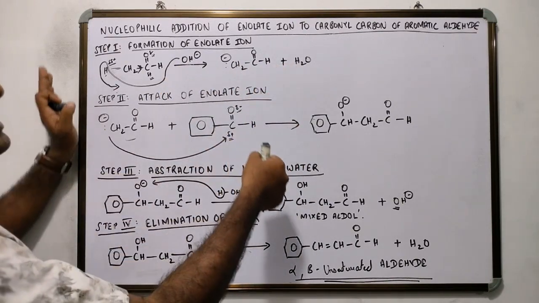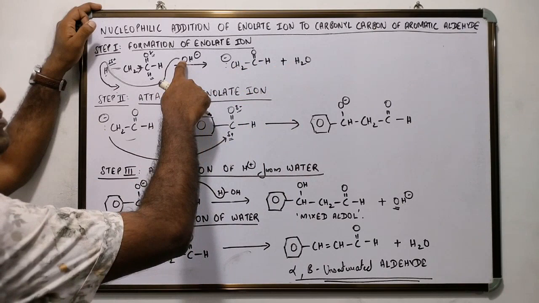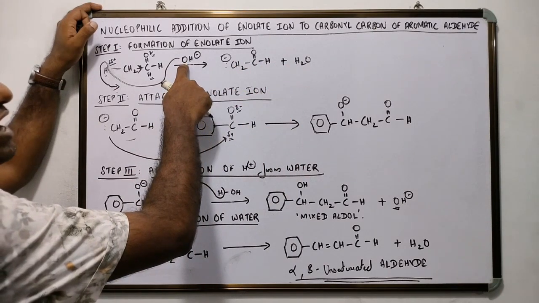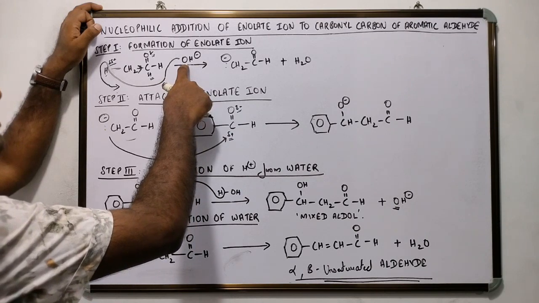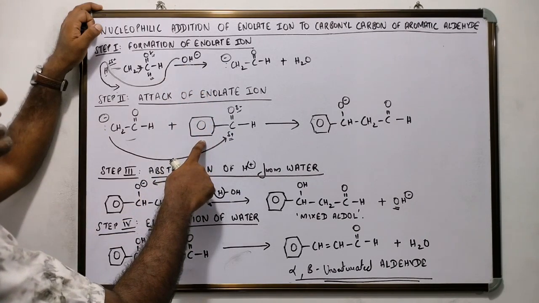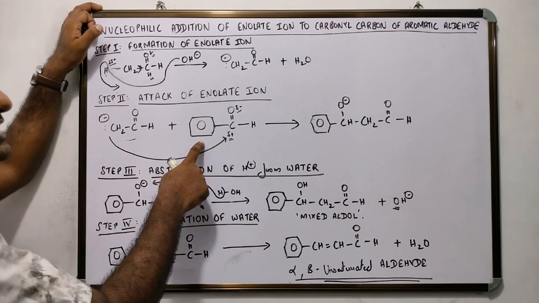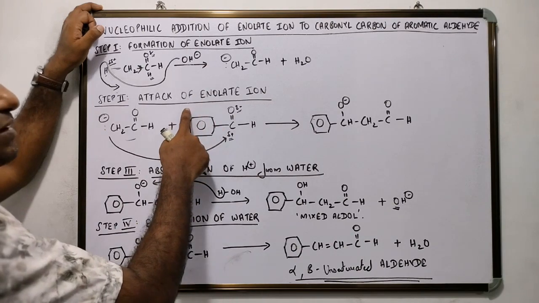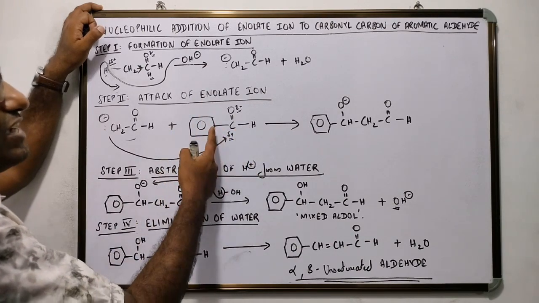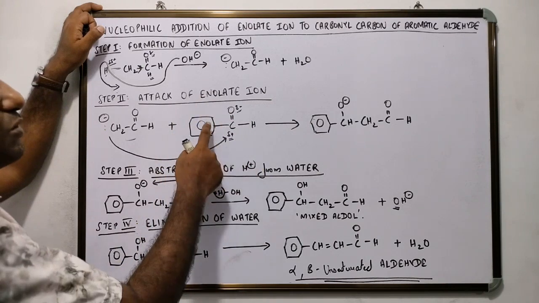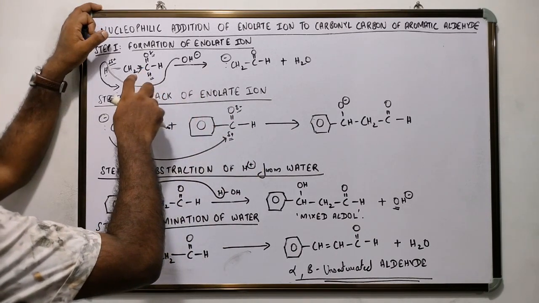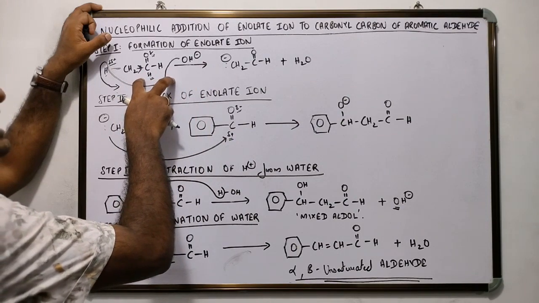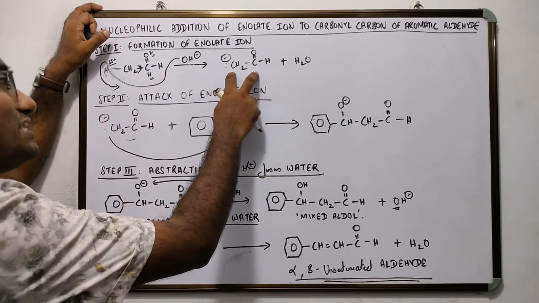It is very appropriate here to state that OH minus won't knock out any alpha hydrogen atom from aromatic aldehyde, which is benzaldehyde in this case, simply because benzaldehyde doesn't have any alpha hydrogen to be knocked out. Therefore, it is always the enolate of the aliphatic aldehyde that is formed in the reaction.